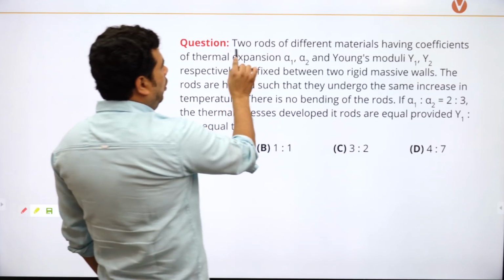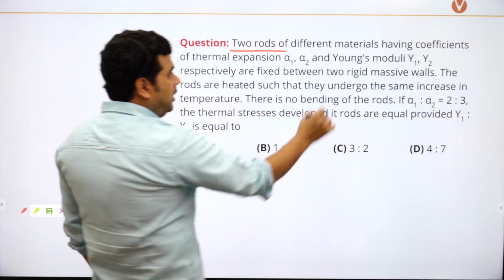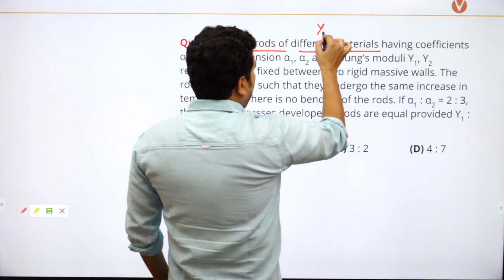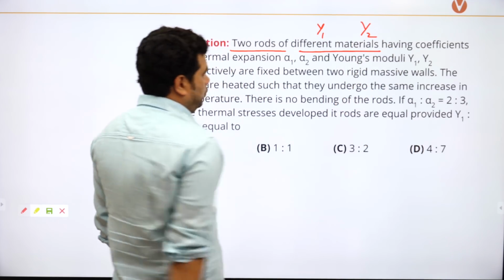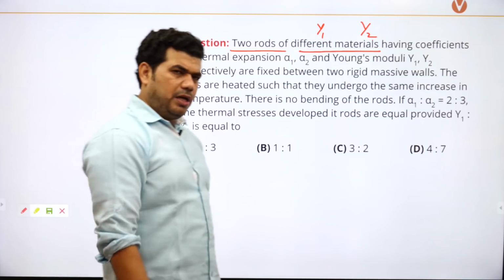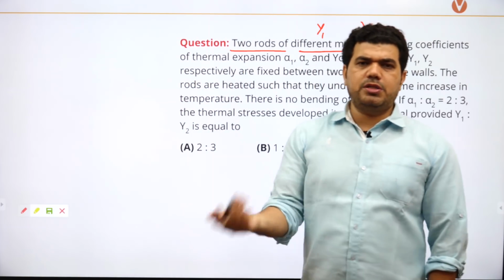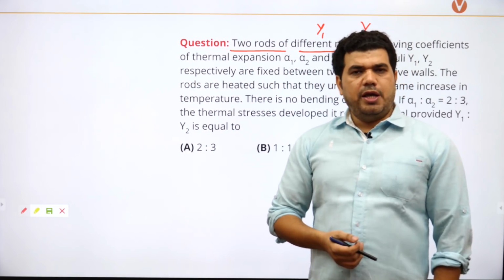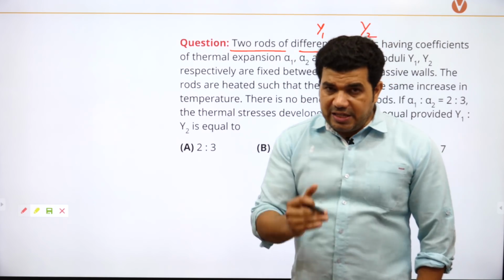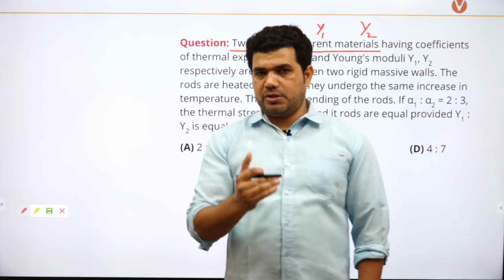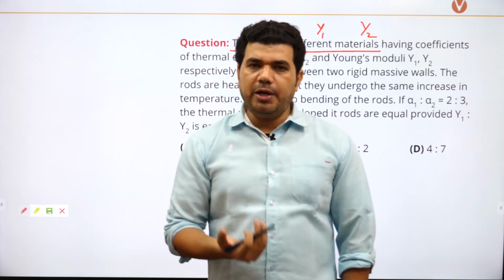Question is two rods of different materials, means Y1 and Y2 will be different. Yes, because Y is the Young modulus of elasticity, and Young modulus of elasticity is the property of the material.